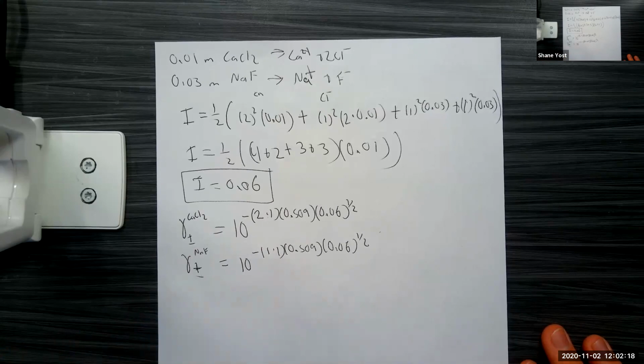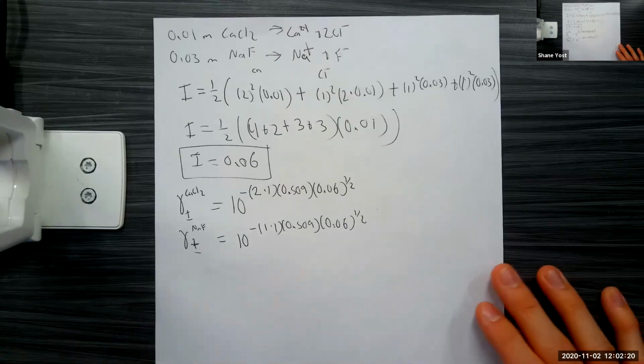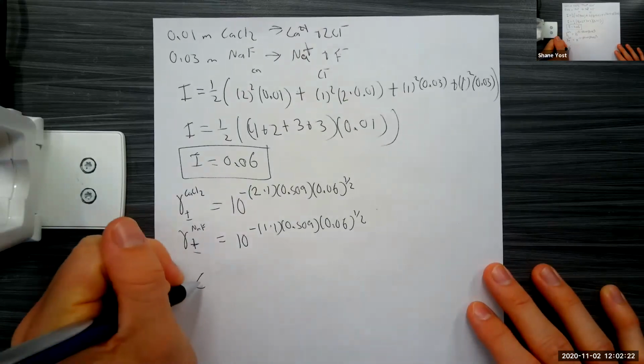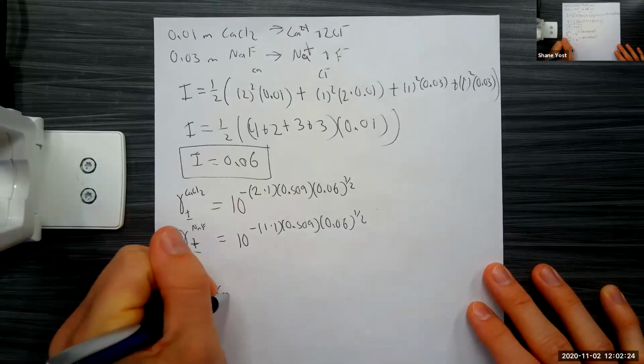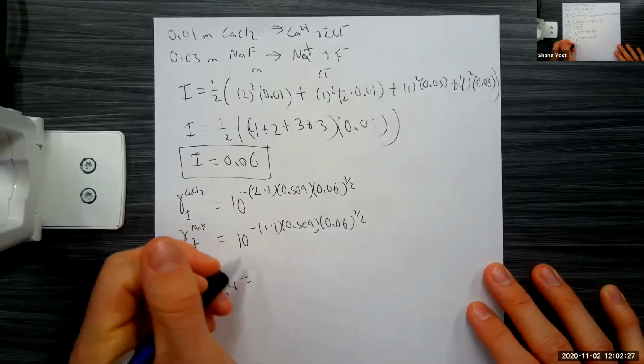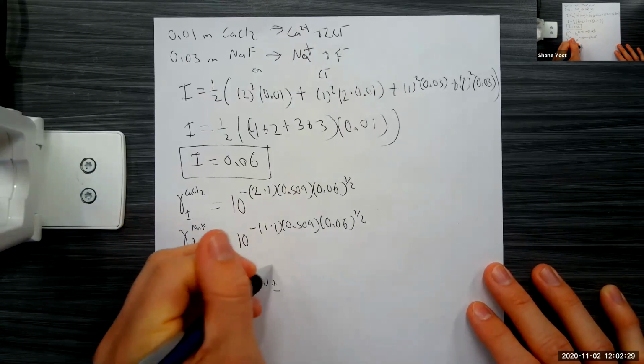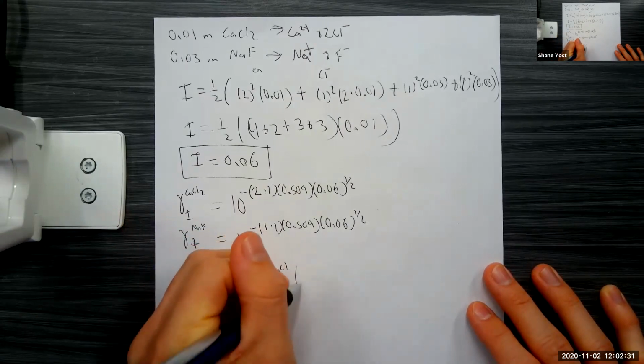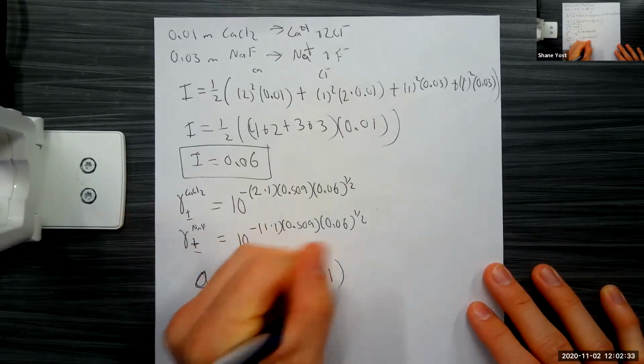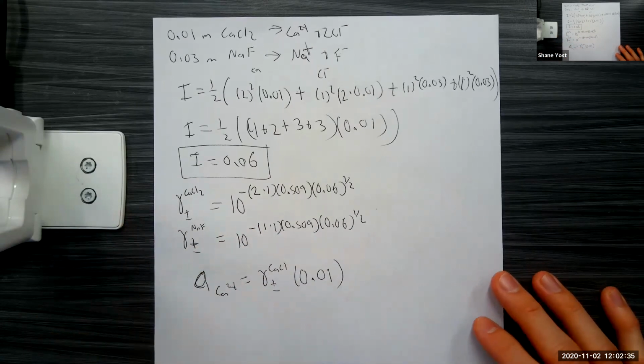And so then say that the activity of calcium is just going to be the mean activity coefficient of calcium chloride times the 0.01 molal of calcium.